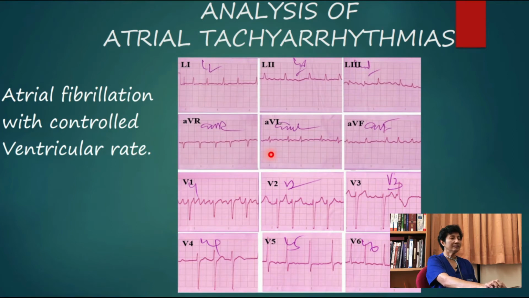Now, this patient presented to the ETU with fast palpitation and breathlessness. Then the patient was managed at the ETU with DC shocks, amiodarone, and a low dose of beta blockers.